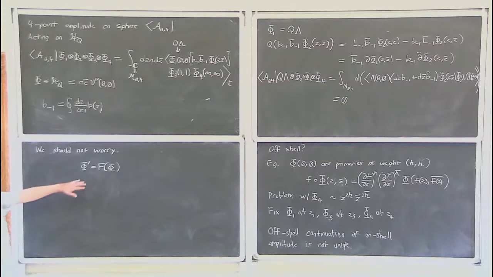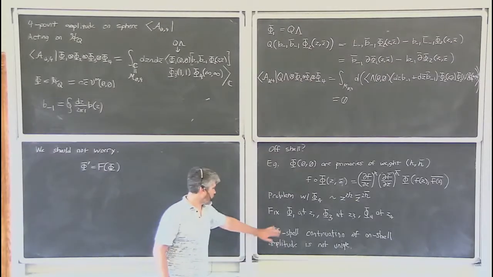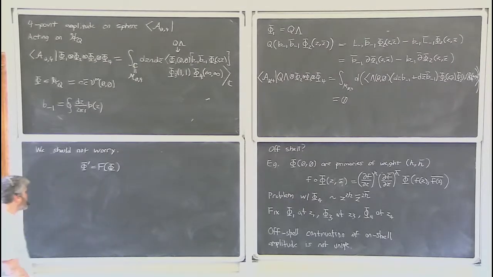And then the off-shell amplitudes computed from the new field will be different from the ones of the old field. So essentially this off-shell ambiguity is really just an artifact of the field redefinition ambiguity that you have in field theory, okay?